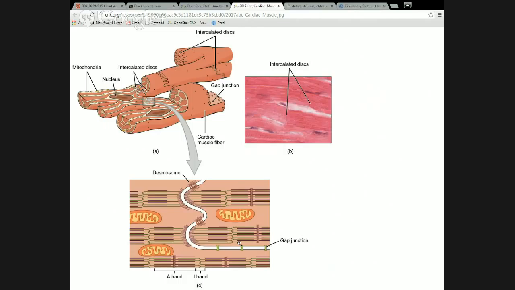Question? Got a picture missing the sarcoplasmic reticulum. Yeah, they've simplified the picture, certainly. But that's not crucial to understanding what we're seeing here. The intercalated disc is what we see under the microscope. We don't see organelles like sarcoplasmic reticulum and that sort of thing.